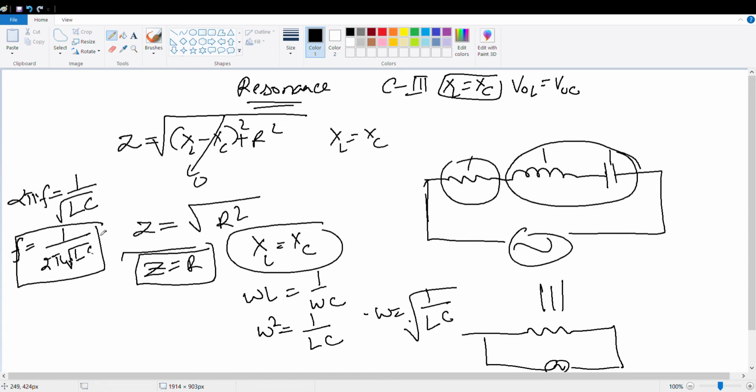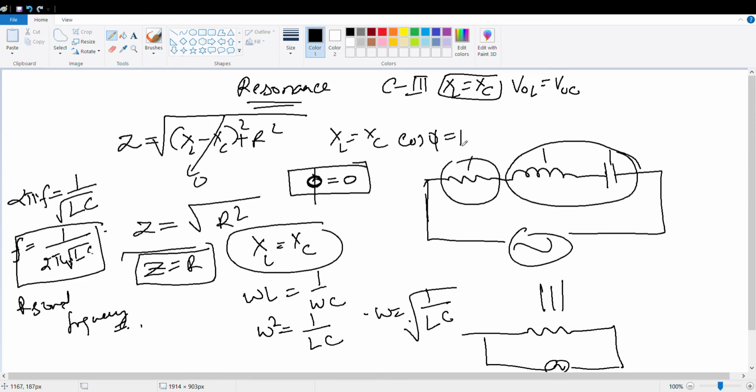And what is this called? This frequency is called resonant frequency. Yes or no? Yes, sir. And what will be your phi? For a series circuit, for a case 3 circuit, your phi is 0, or cos phi is 1. Yes or no?